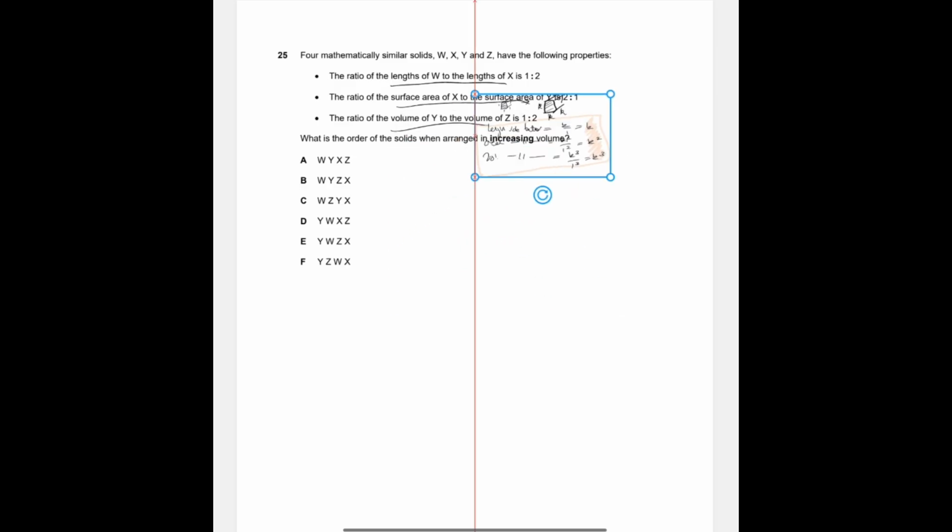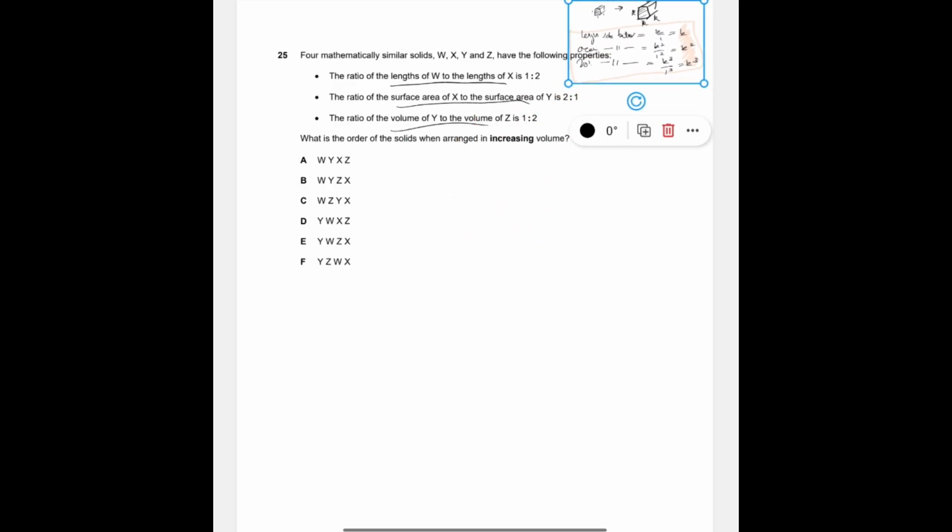So all that to say that this is true for any shape. I'll just move that all up there just so we can keep that in mind.